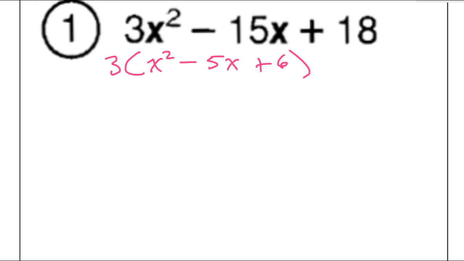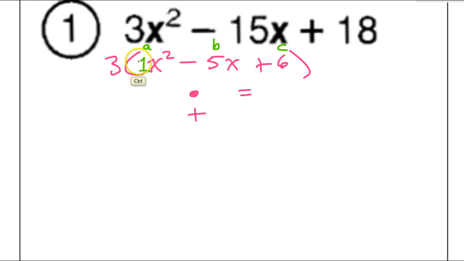Now throughout this video I'm going to refer to A, B, and C. In this case, A is 1, B is -5, and C is 6. So the box method begins with a product and a sum.